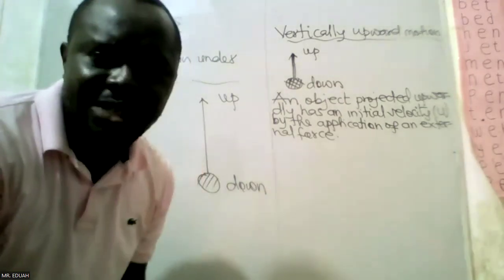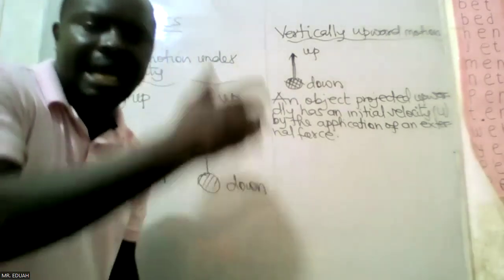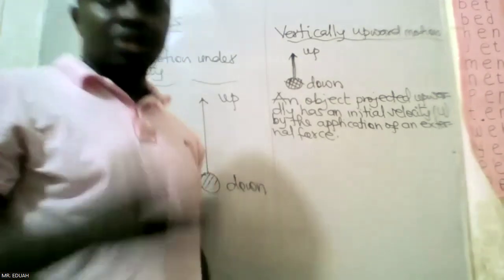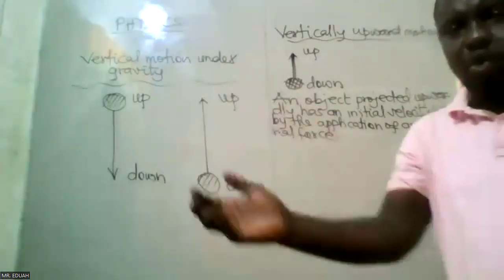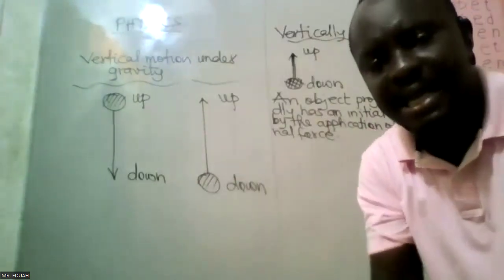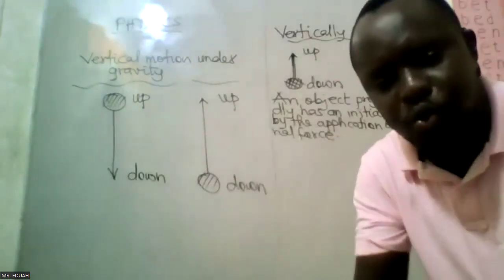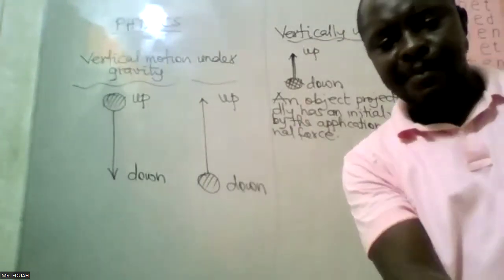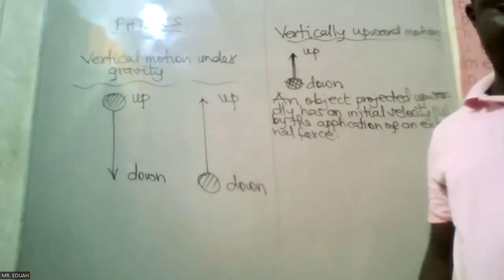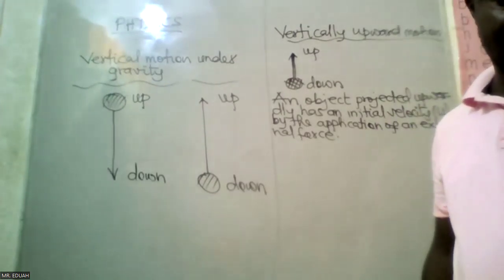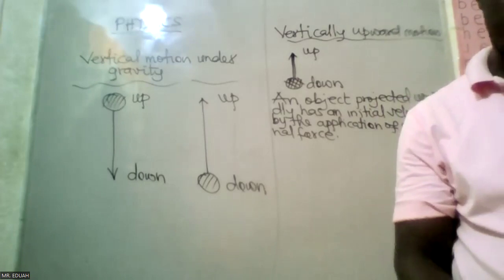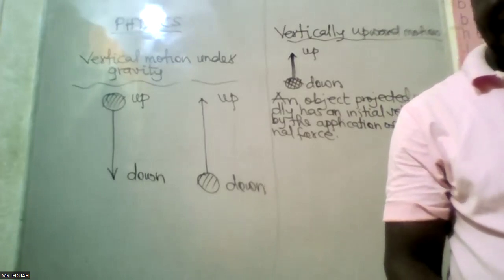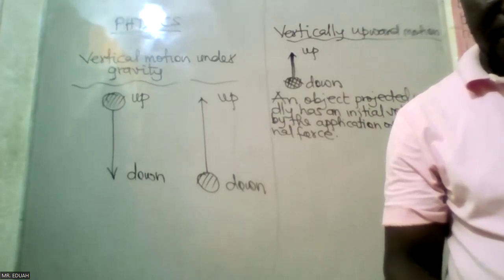But as the object goes up with time, as time changes, what happens to the object? When an object is thrown and is going up, ladies and gentlemen, what happens to the object as it goes up? Share your experiences with me. Elinam, go ahead. Sir, please, when it reaches a certain point, the object will stop for a couple of seconds, then it will come back down.